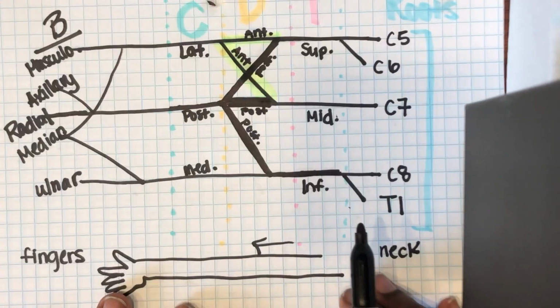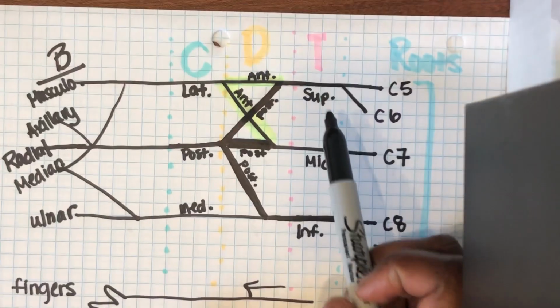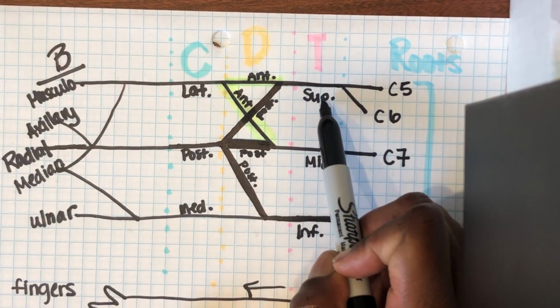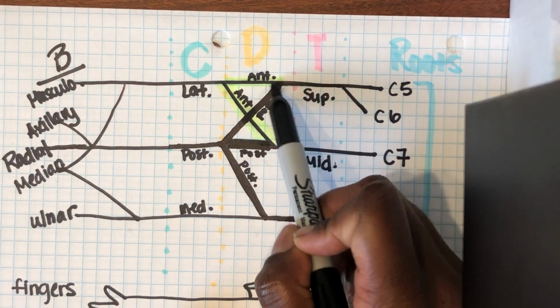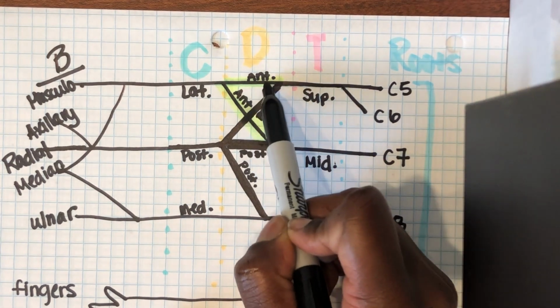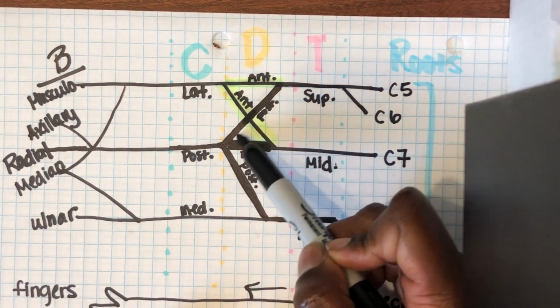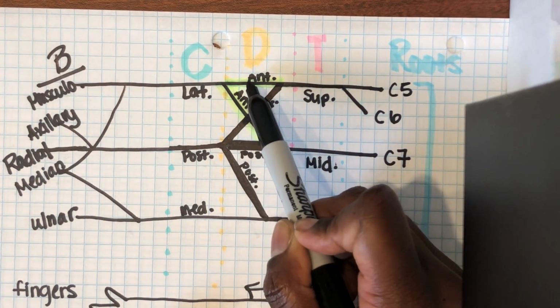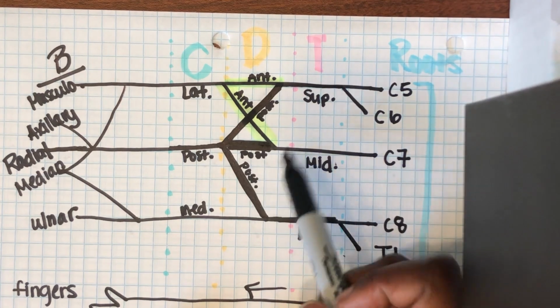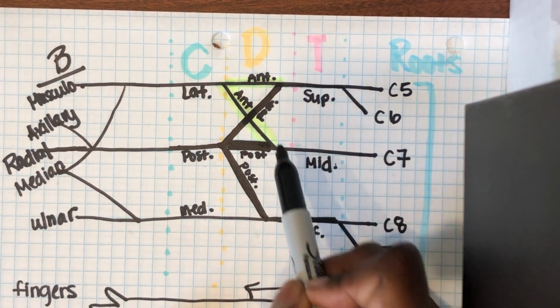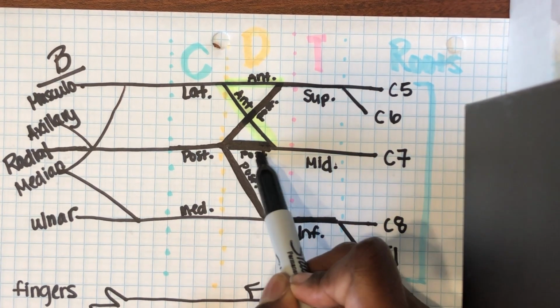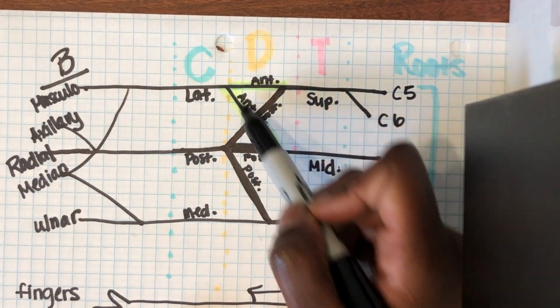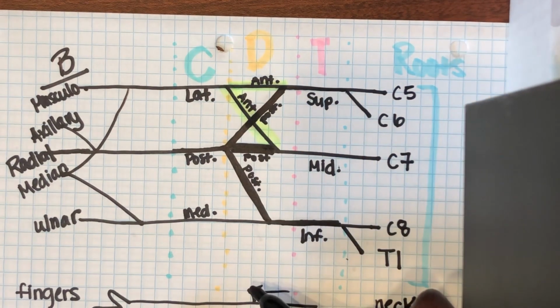All right? We saw before that our superior trunk had 2 branches. It's split into an anterior division and a posterior division, right? Our middle trunk split into a posterior division and an anterior division, all right?